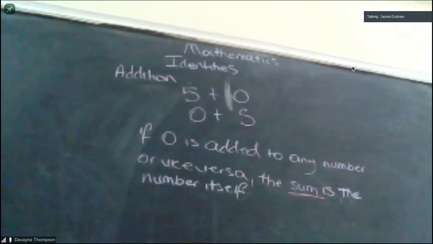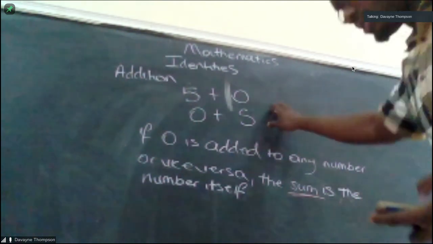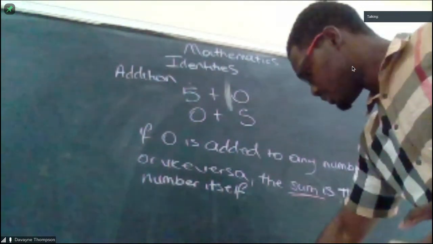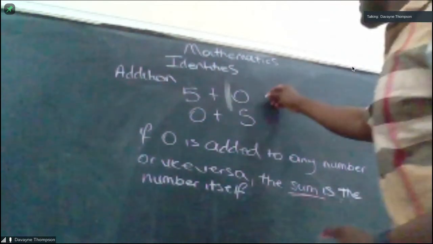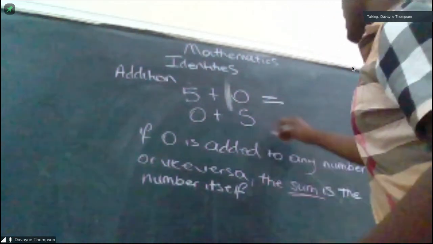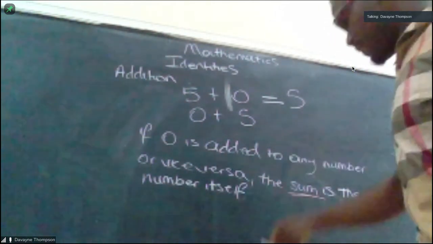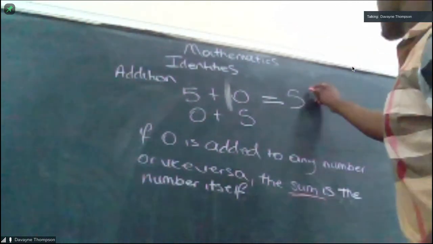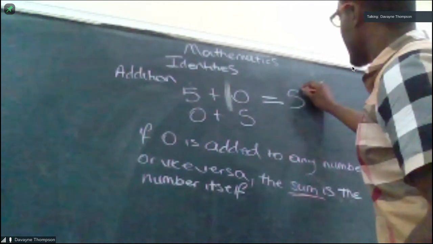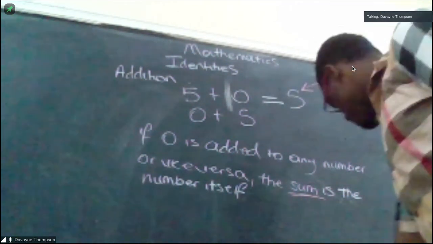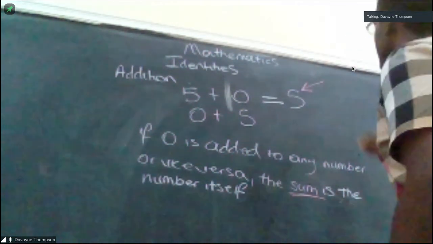In all, sir. Alright? Everything in all, sir. Okay, so sum means the result, right? So let's say, for example, I have an equal sign, and 5 plus 0 would give me 5. This 5 would be my sum. So put that little diagram and an arrow, and then you're going to put sum for me.